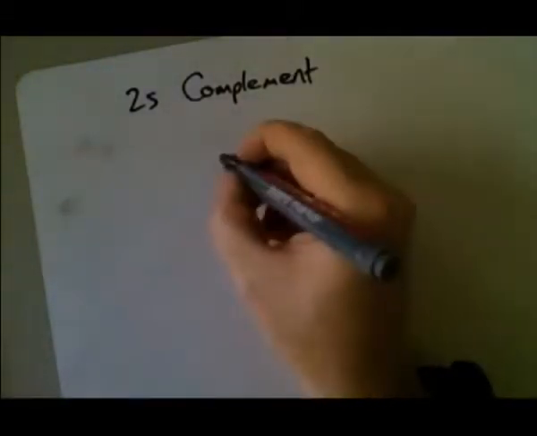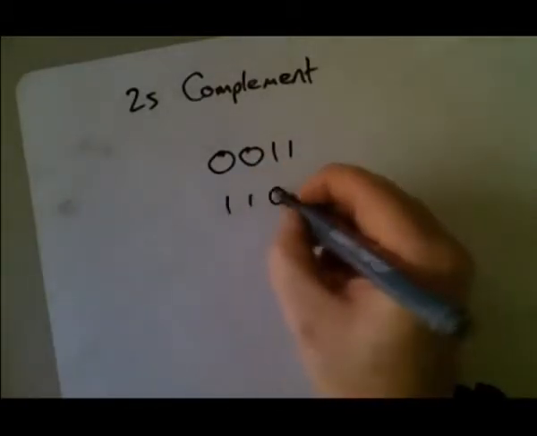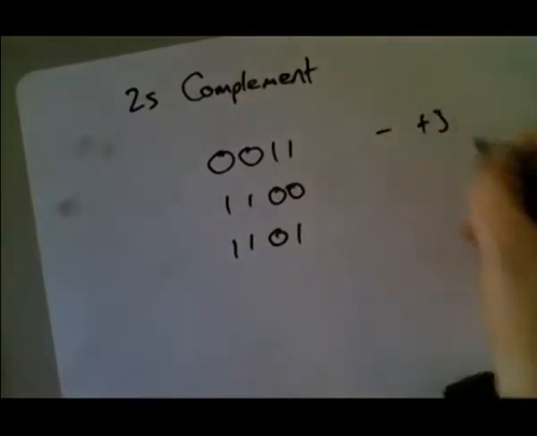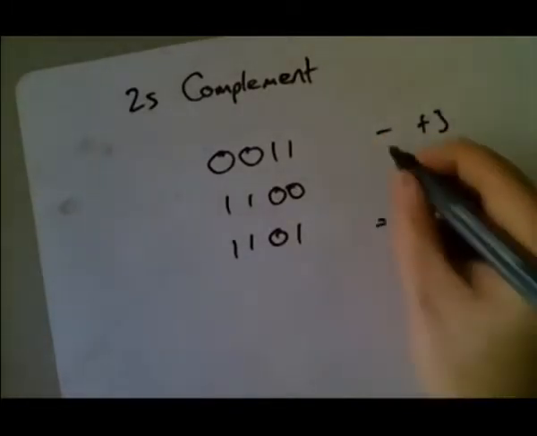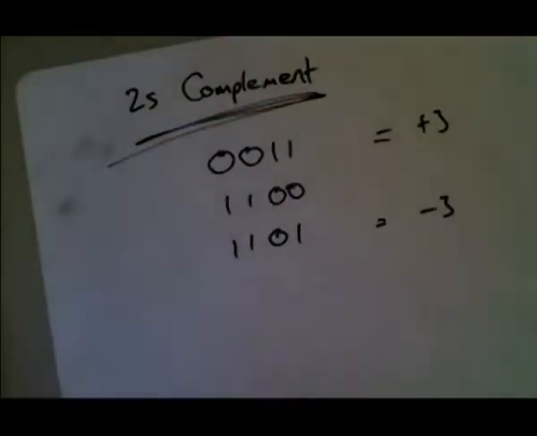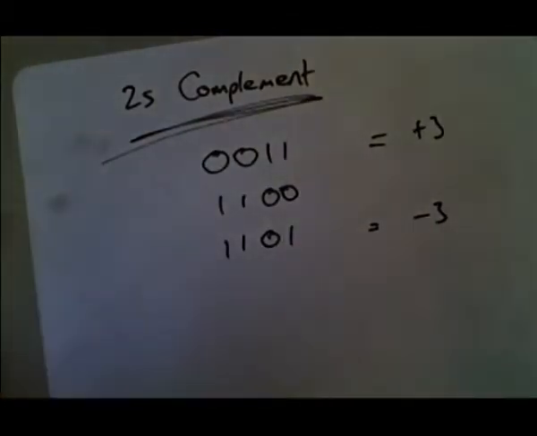The rule, if you can remember it, is as simple as take your positive number, flip it, add 1. Okay, so this is plus 3, this is minus 3 in 2's complement. Obviously 1's complement is different, sign and magnitude is different. You've got to be aware what method you're using, but that's how you do it.